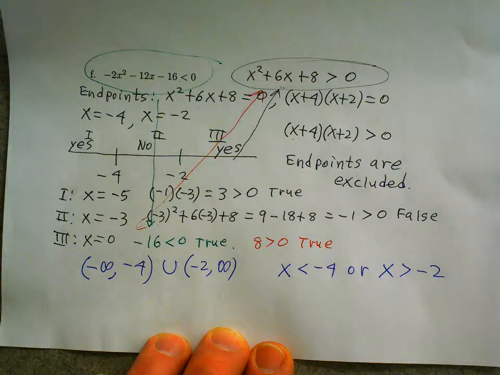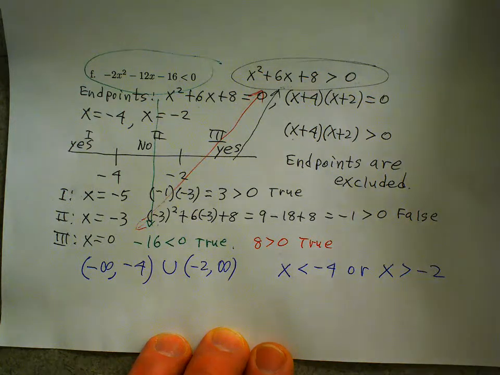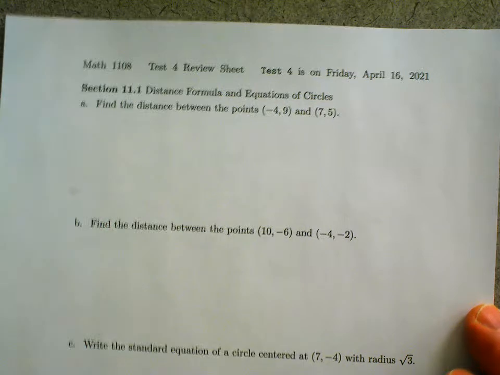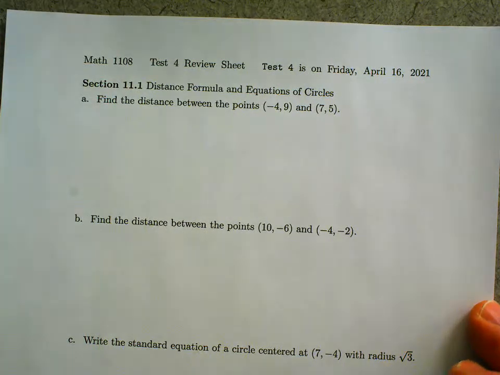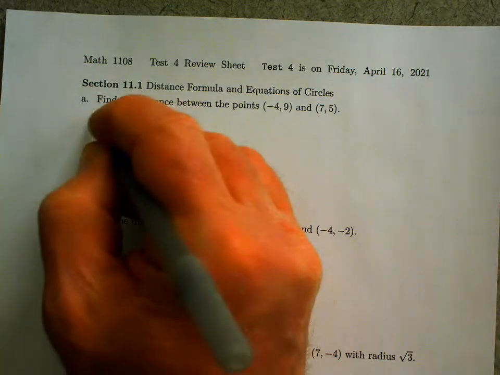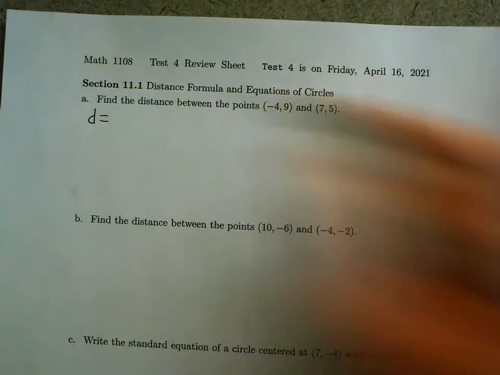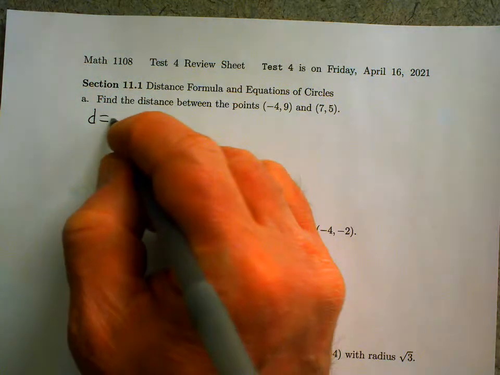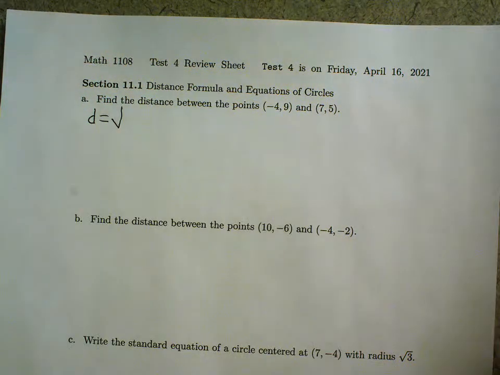Okay, let's move on to the next page. Find the distance between the points -4, 9 and 7, 5. If you use the distance formula, make sure that you memorize it precisely.